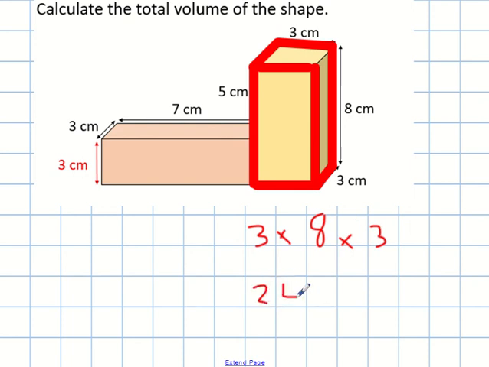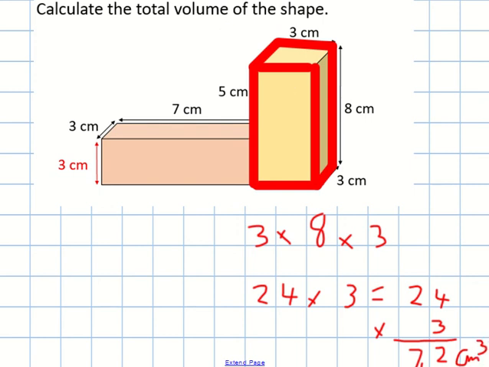And then you could do 24 times 3 equals, if you don't know at home, you could do short multiplication. So let's do that. Well, 3 fours are going to equal 12, so 2 carry 1. And 3 times 2 is 6, add my 1 is 7, so your answer is 72. So here I've got 72 centimetre cubed.